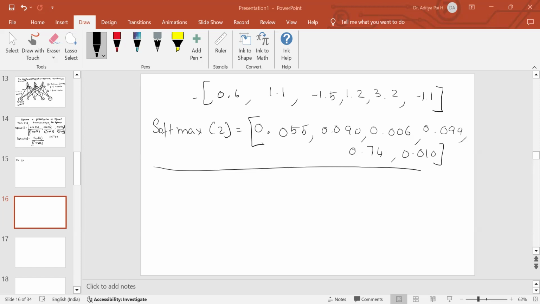Now for two layers, it is written as z of 1 equal to w1 times a of 0. This is for the first layer. Then a of 1 is equal to the activation function applied to the first layer.